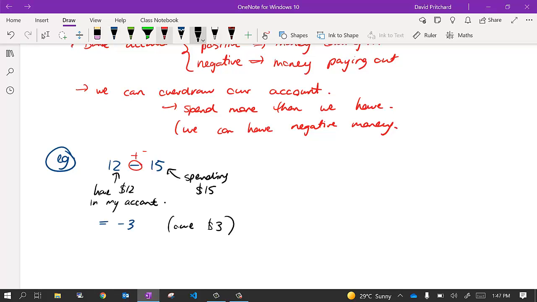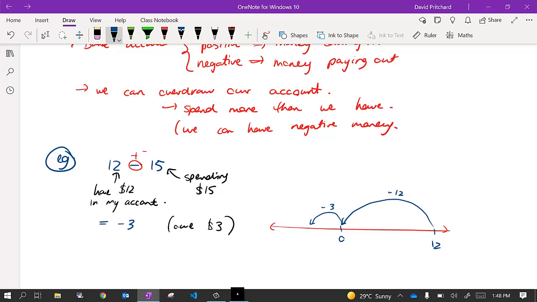Now, we can show that same thing on a number line, if we wanted to. I don't think the number line is a good way to do it because it takes a whole lot of time, and we want to be quicker than that. With a number line, we've got 0 here. We start with 12. When we go back 12, we go back down to 0. And we actually want to go back 15, so that difference is that we've got to go another 3.